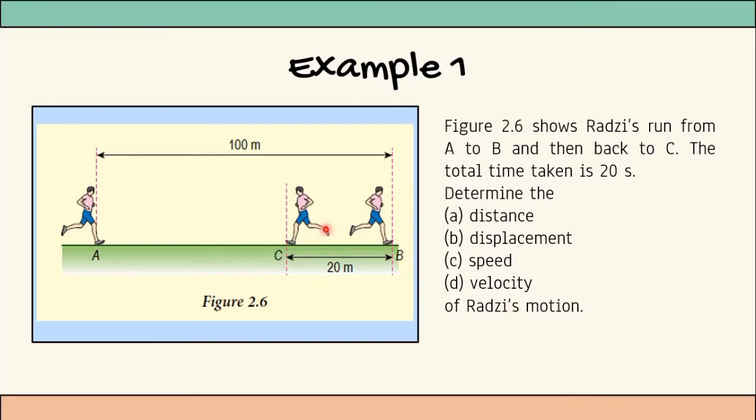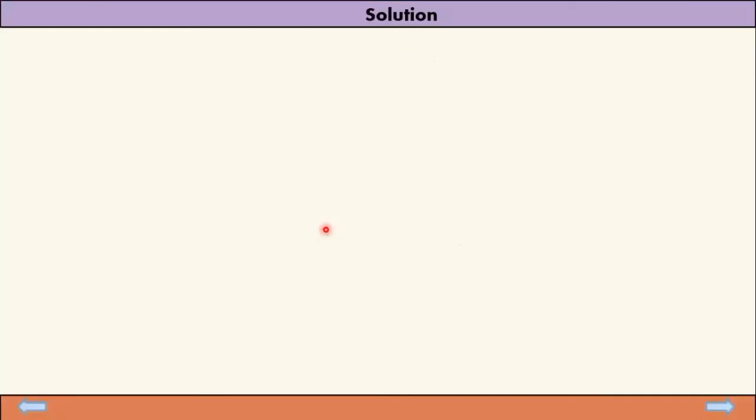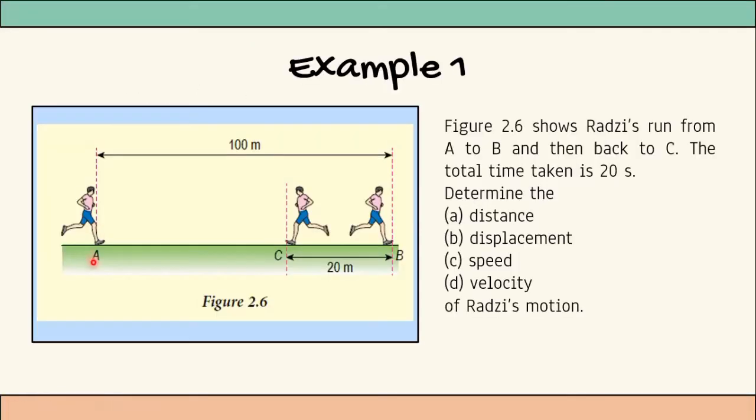We must know the formula. This is how we determine the distance, which is equal to the length of the route covered by Razi, from AB to BC. So the distance is from A to B to C.